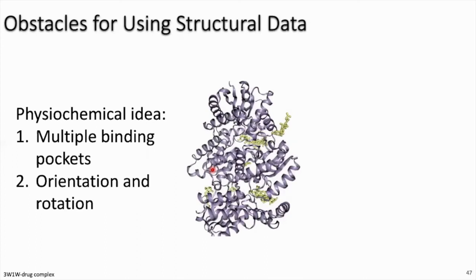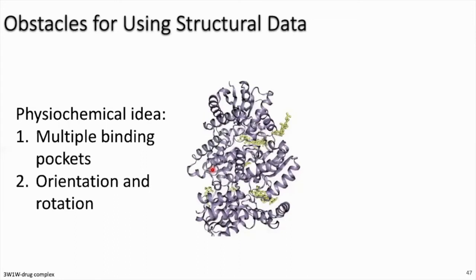And secondly, even if we can identify the optimal binding pocket, the interaction between protein and RNA can still be very complex, because both protein and RNA can rotate along a certain angle, which means the search space for finding the optimal conformation with the lowest binding energy is almost infinite.